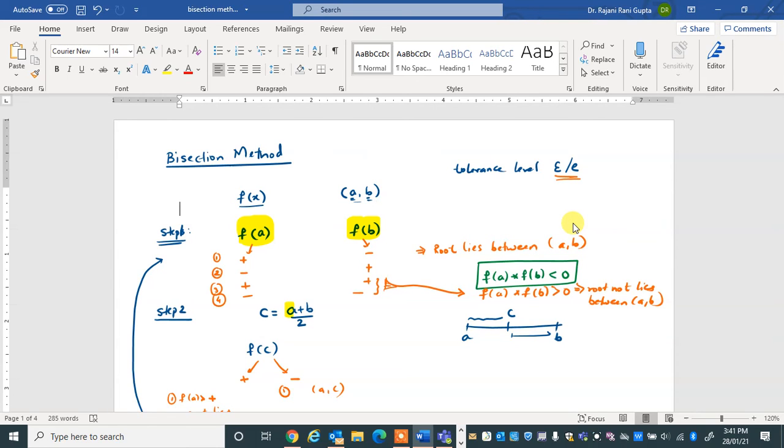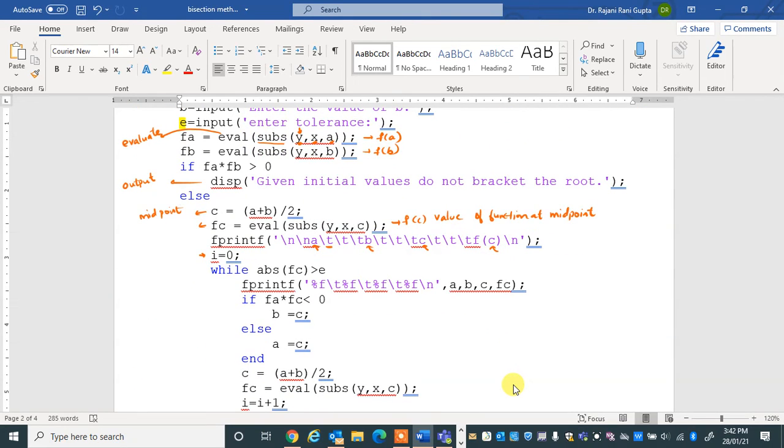Suppose the first value, c1, you got as 0.02, and the c2 value you get is 0.023. Then if you need 2 decimal places of accuracy, you will stop here. But if 3 decimal places of accuracy are required, you have to still continue. You have to find c3. That is done by using this loop.